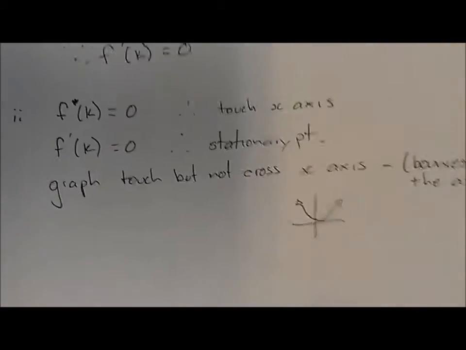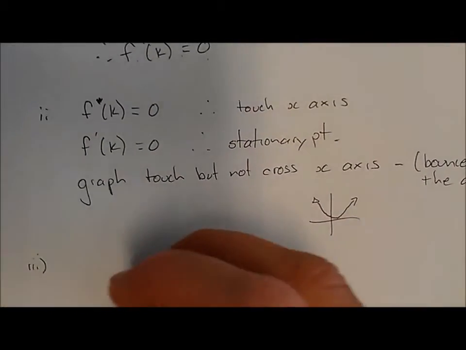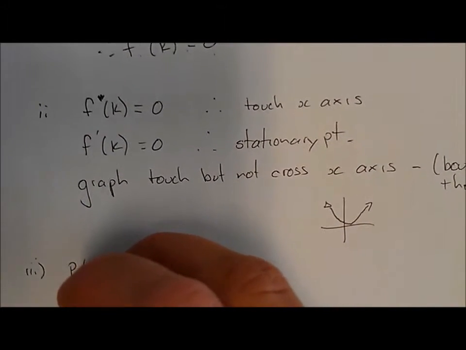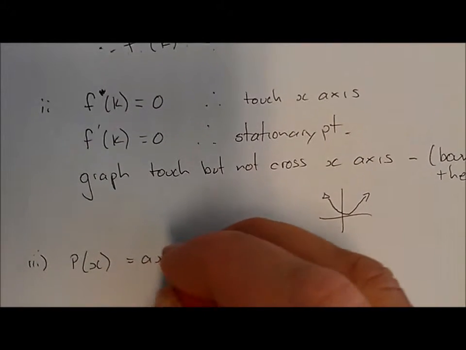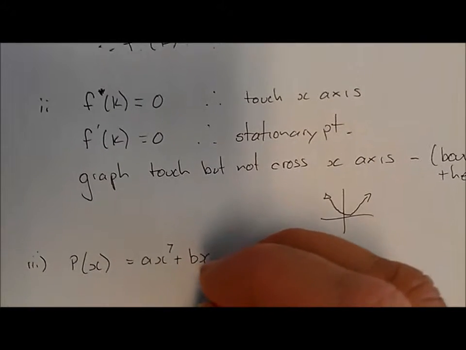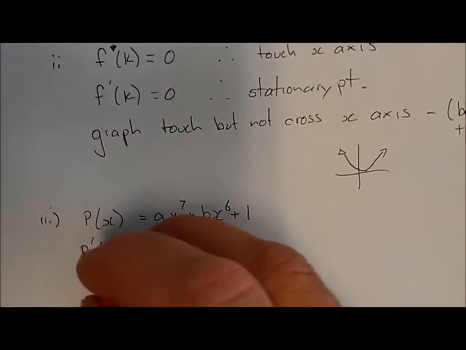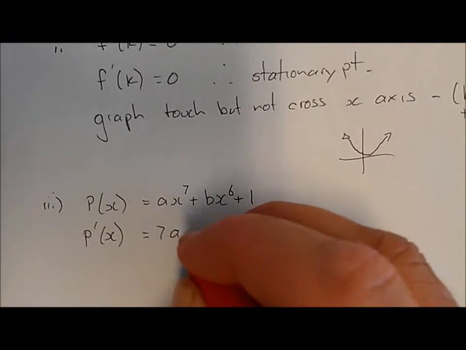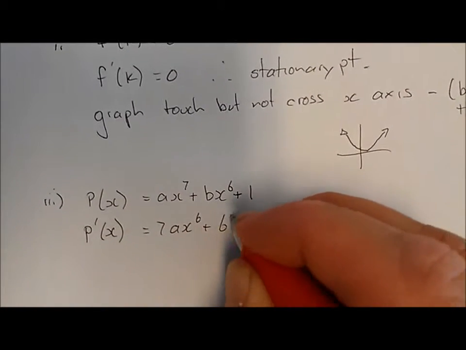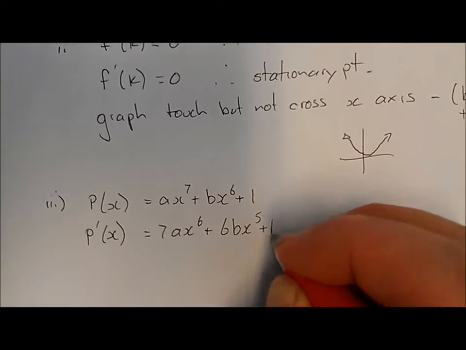So in other words, for part 3, I have p of x is equal to ax to the 7 plus bx to the 6 plus 1, and p dash of x is equal to 7ax to the 6 plus 6bx to the 5 plus 1.